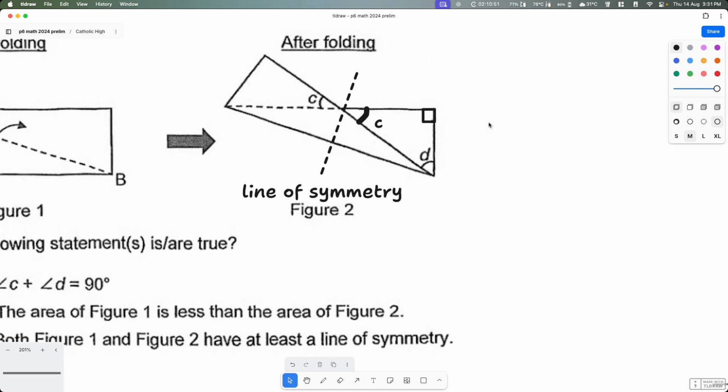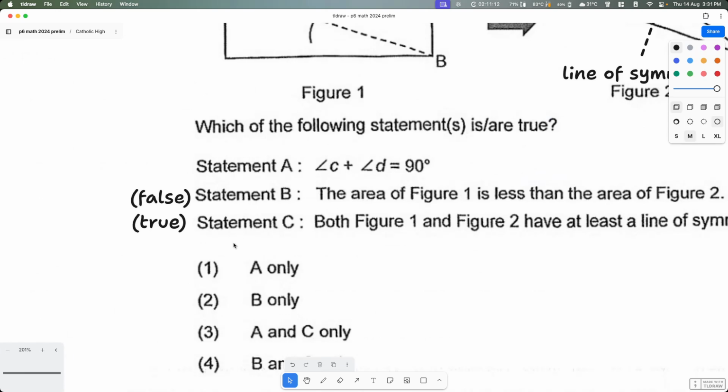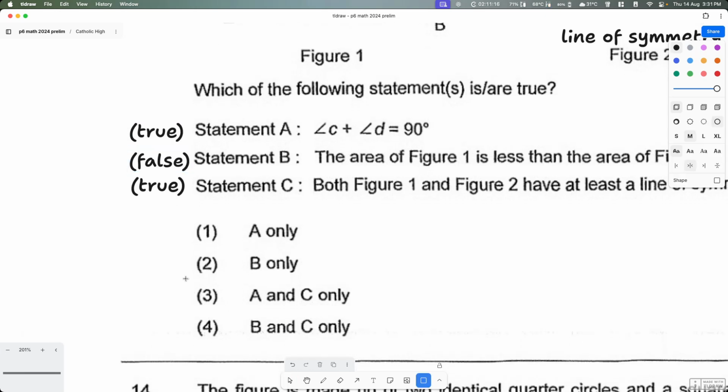Because angle C plus angle D is equal to 180 minus 90, and that means both will be 90 degrees. So this is true. That means statements A and C, which is option number 3 in this case.